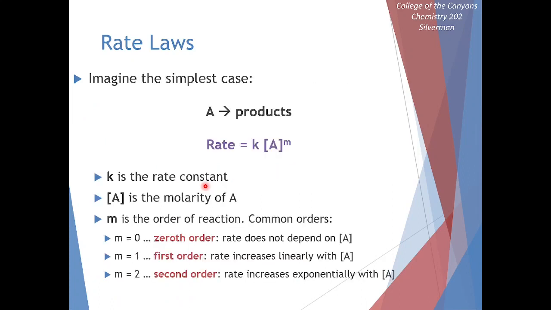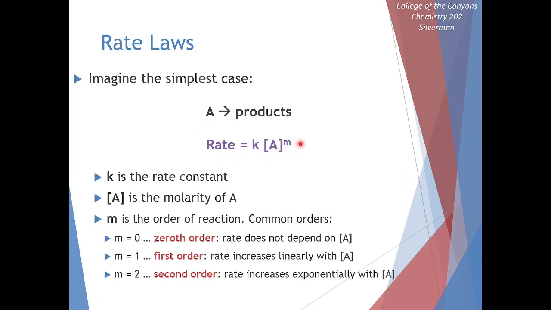Let's look at some simple cases. What if we have a balanced reaction, which is one starting material turning into some number of products? Our rate law, we can write this as the rate of our reaction is equal to a rate constant times the concentration of our reactant raised to some exponent.